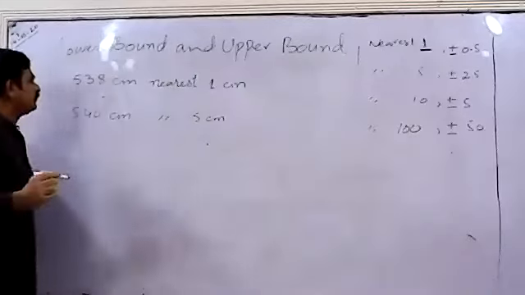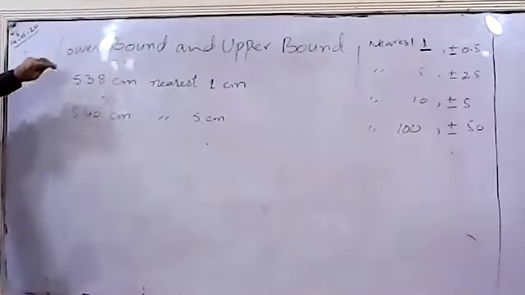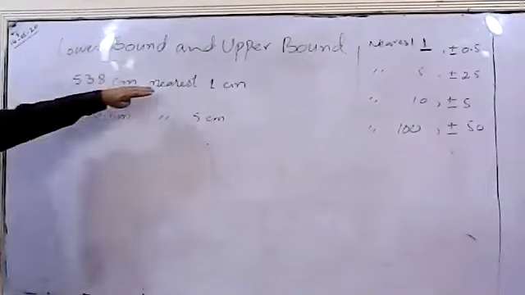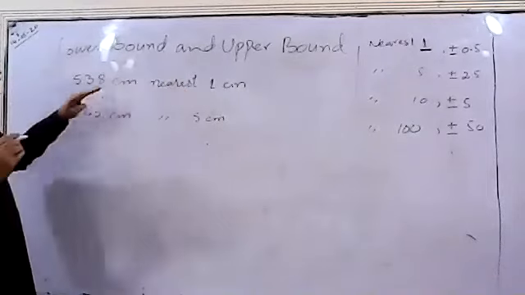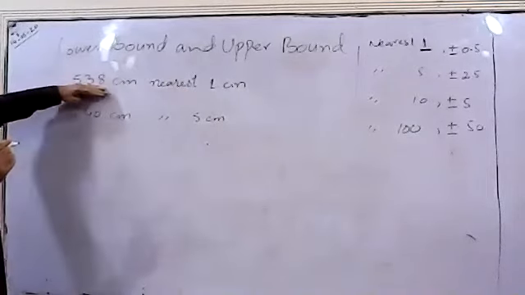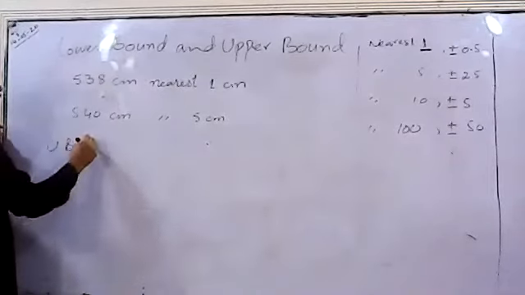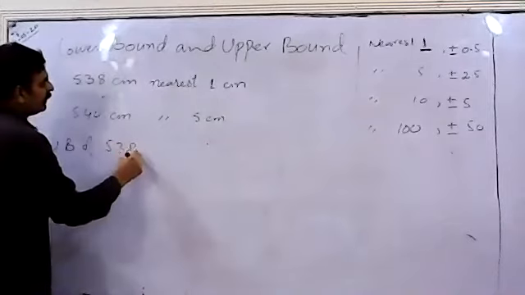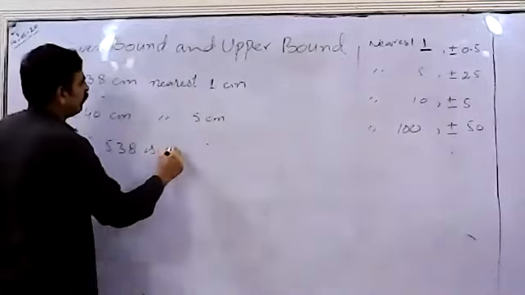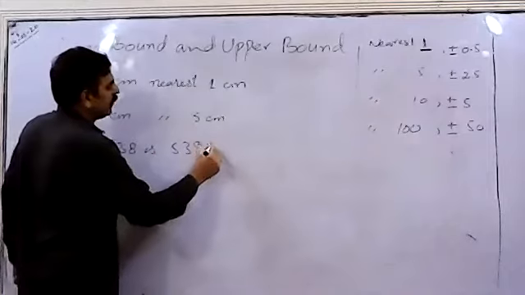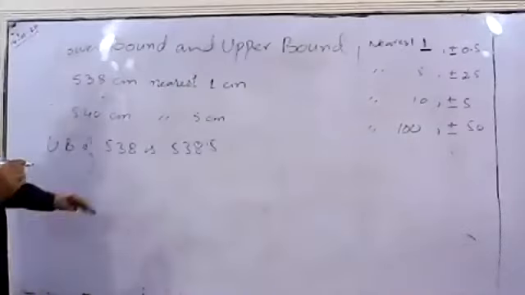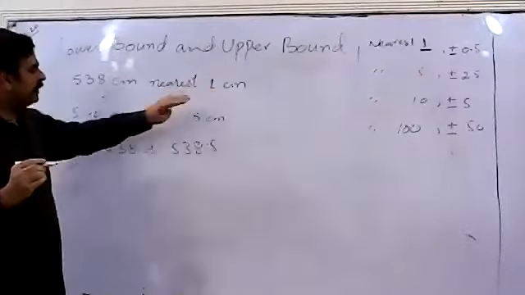In this case, if we want to write 538 centimeter nearest 1 centimeter, its upper bound is 538.5 centimeter, because it's nearest 1 centimeter.